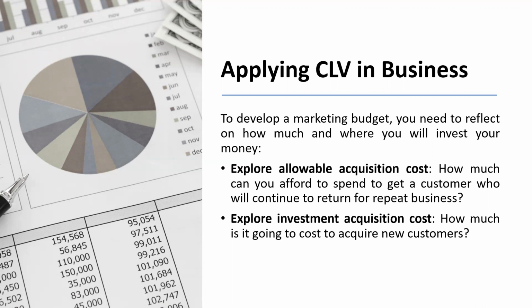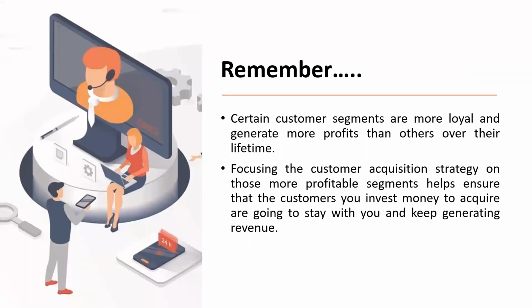Based on the lifetime value, you calculate a percentage of it. And explore the investment acquisition cost. So how much is it going to cost to acquire new customers? Both of these things you are going to look at, the allowable one and the investment acquisition cost, because this is what is going to give you an input on whether you need to acquire or how much you can spend for acquiring a customer.